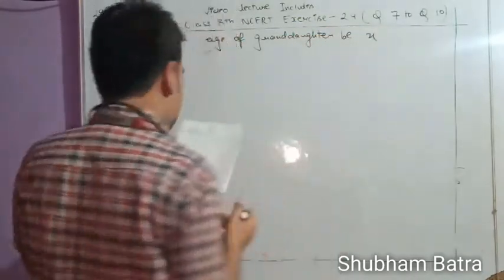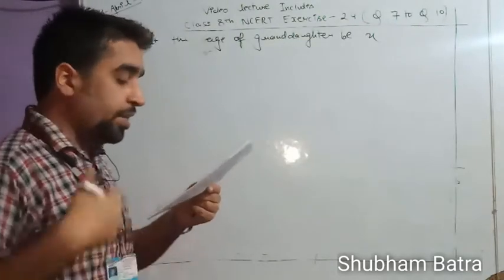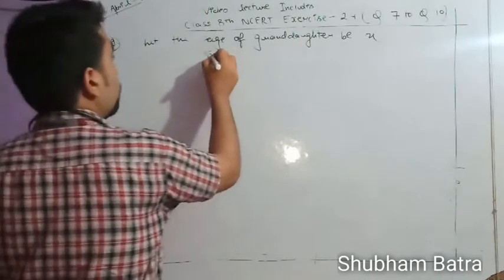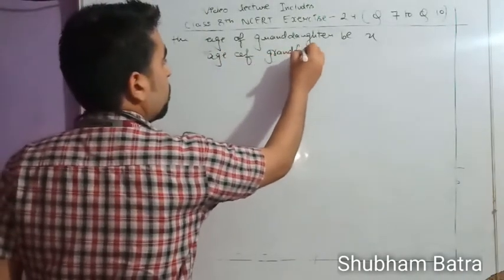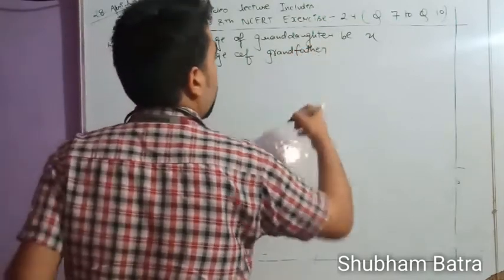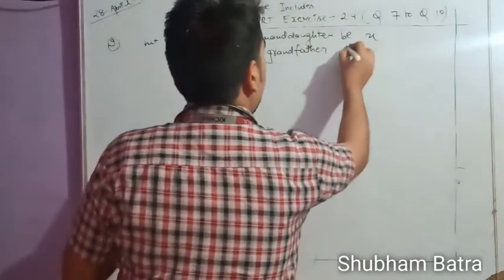Now what is the condition given to us? The grandfather is 10 times elder than his granddaughter. So what will be the age of the grandfather? 10 times x.